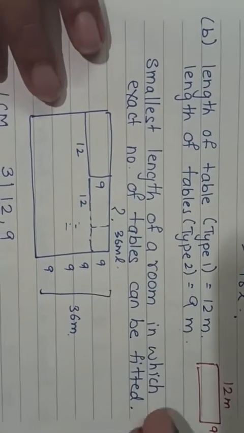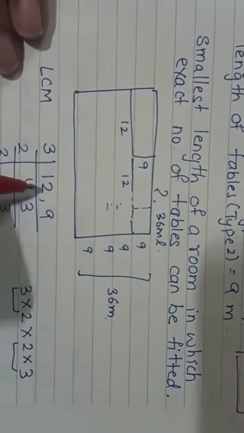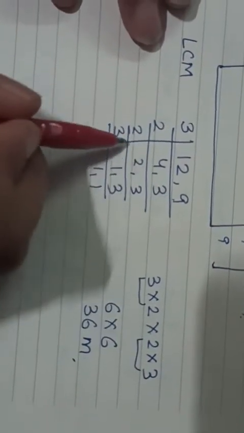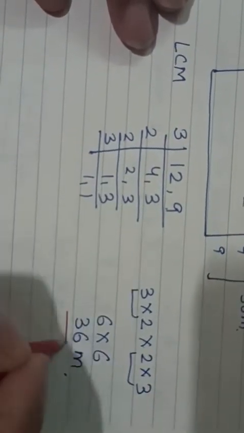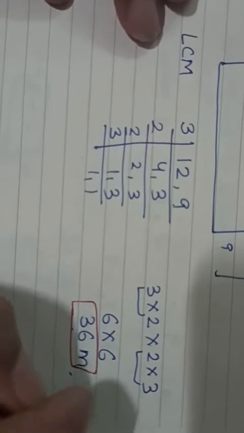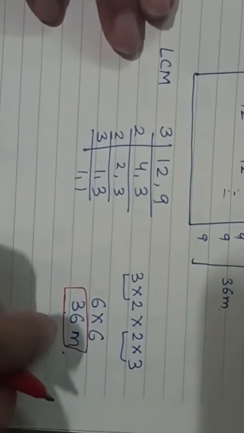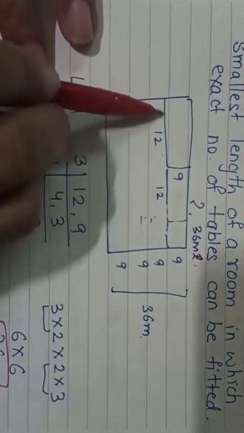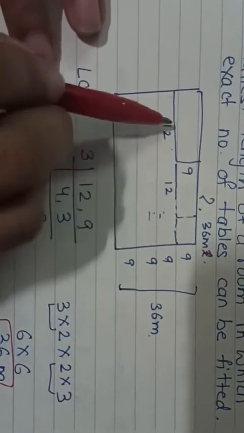For this we will be finding the LCM of 12 and 9, and I proceeded with the division method and it was 36 meters. That means if I have a room with length 36 meters, this 12 meter desk will exactly fit 12, 12, 12.